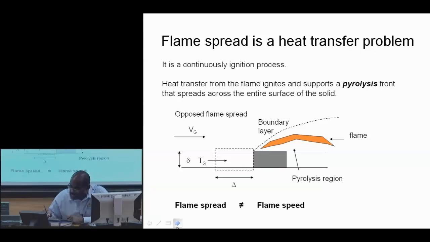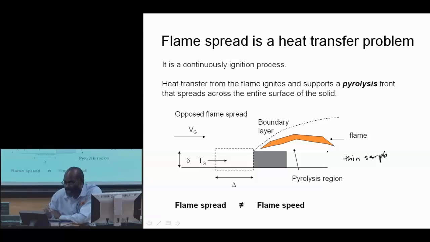So this is a thin sample where in a frame of reference where the flame is fixed, we can imagine what we're doing is translating the solid into a region where heating is taking place. So that's what this is depicting here.